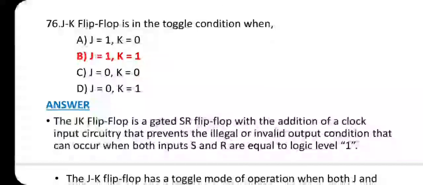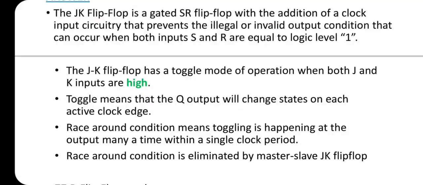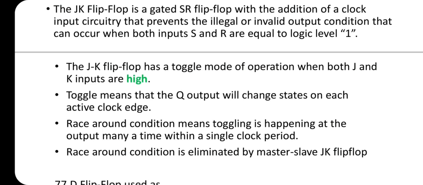Question number 76. JK flip-flop is in the toggle condition when, answer is option B, J equal to 1 and K equal to 1. The JK flip-flop is a gated SR flip-flop with the addition of a clock input circuitry that prevents the illegal or invalid output condition that can occur when both inputs S and R are equal to logic level 1.